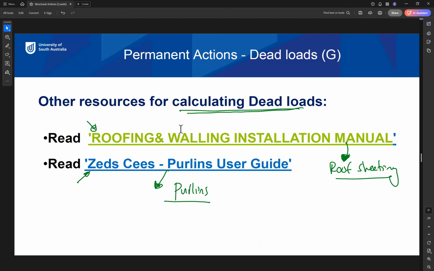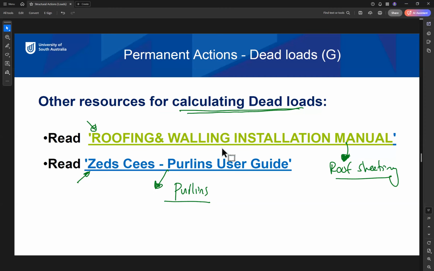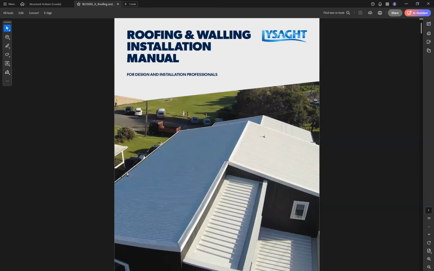Okay, so if I click one of these links to show you, can you see the screen? This file is the weight of the roof sheeting and wall sheeting.